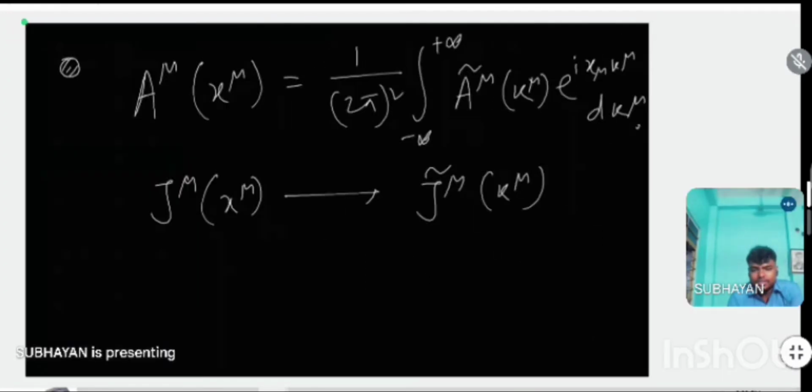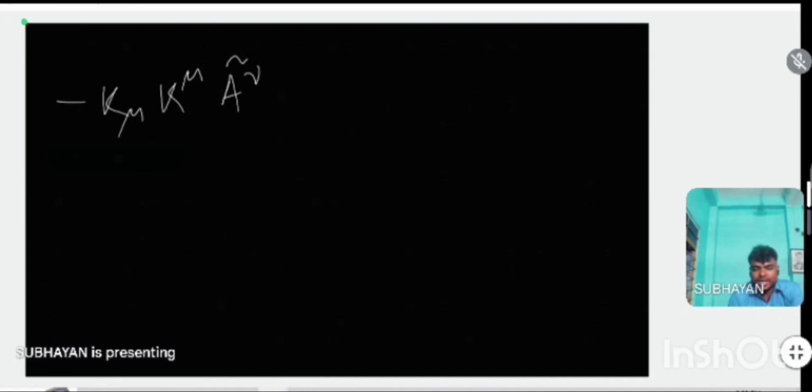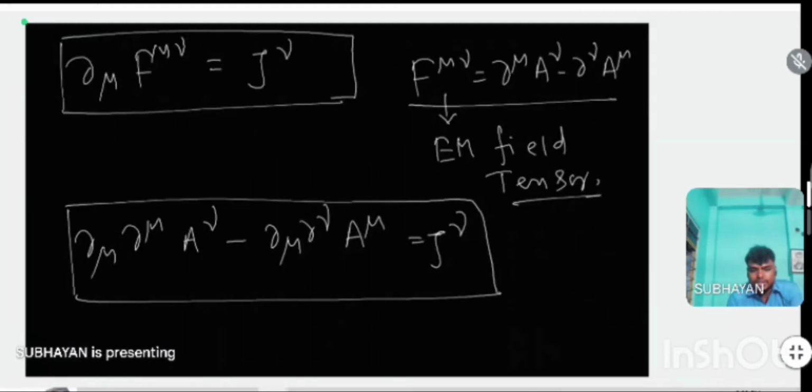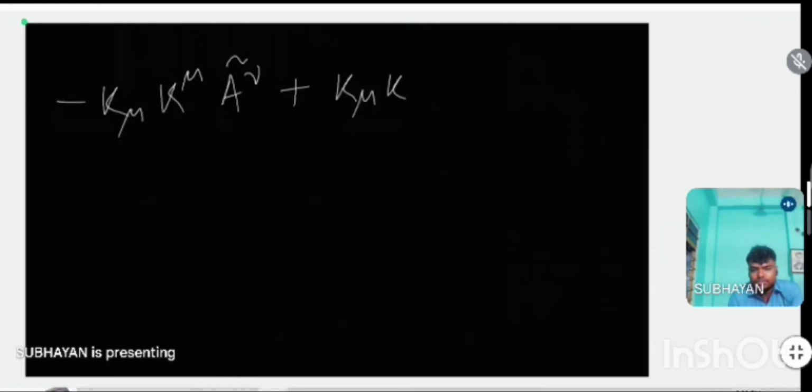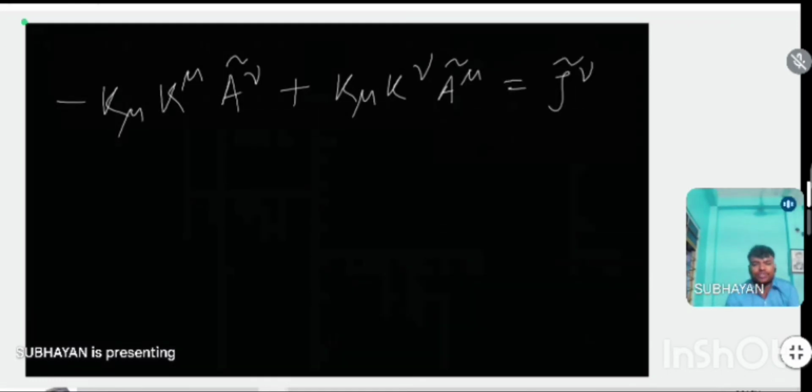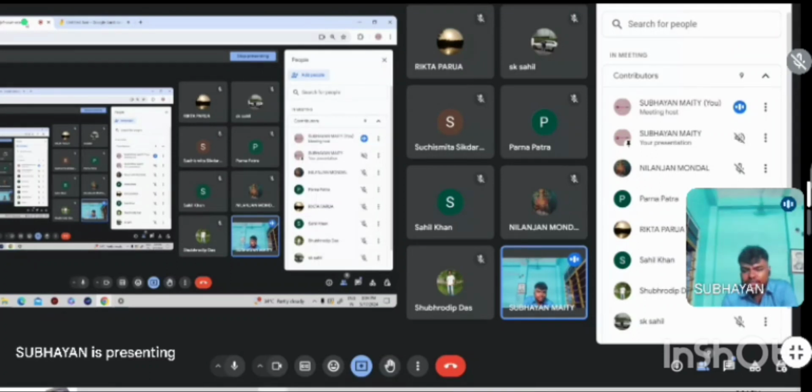And then you have minus and minus plus k mu k nu of A mu tilde equal to J nu tilde. So after making the Fourier transformation at both sides, you will find this form of equation.